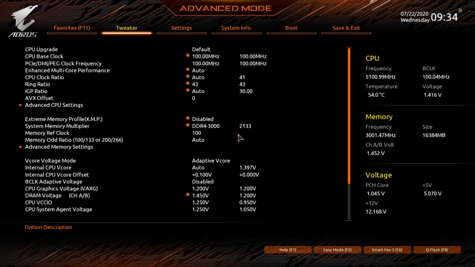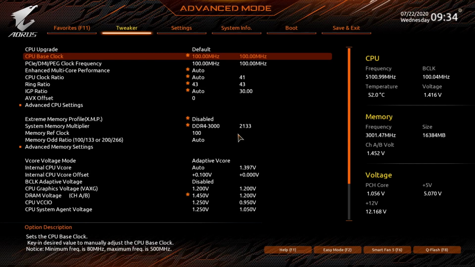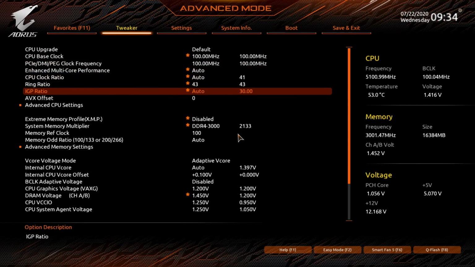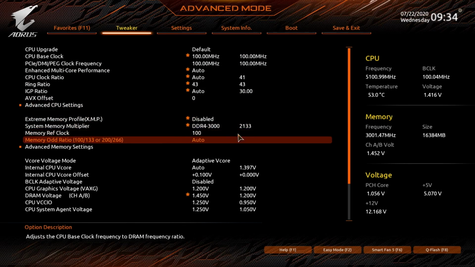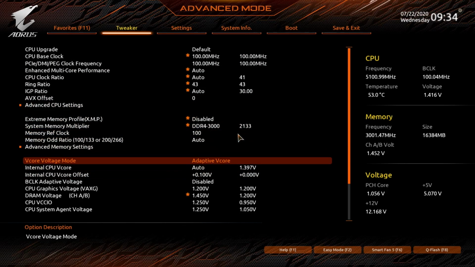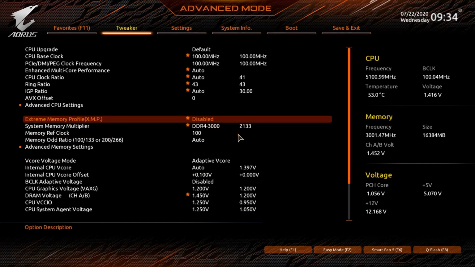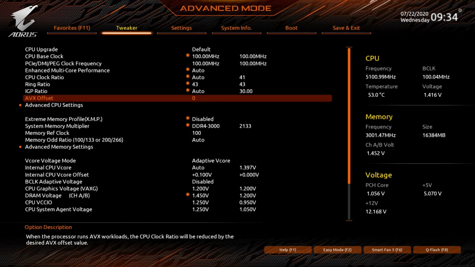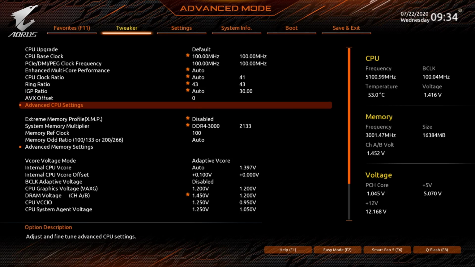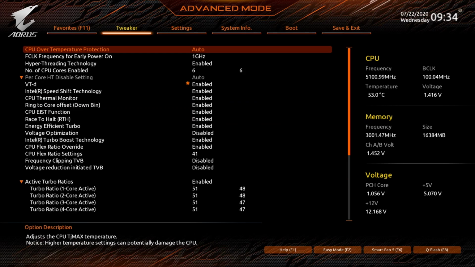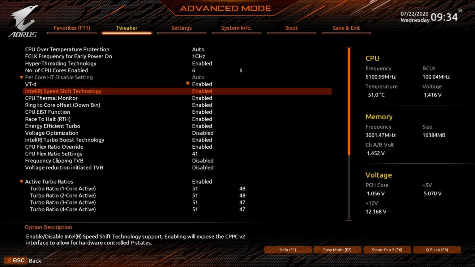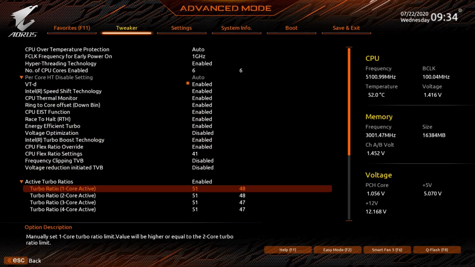Okay, so prime ran for about 5 to 10 minutes, and then we had another crash, and the temps were starting to creep up above 95. So I don't really want to push more voltage into the CPU just because of the temps we're running, and we're running a good cooler. It's the Arctic Cooling Freezer II, but we're still hitting the temp limit that I like to see.